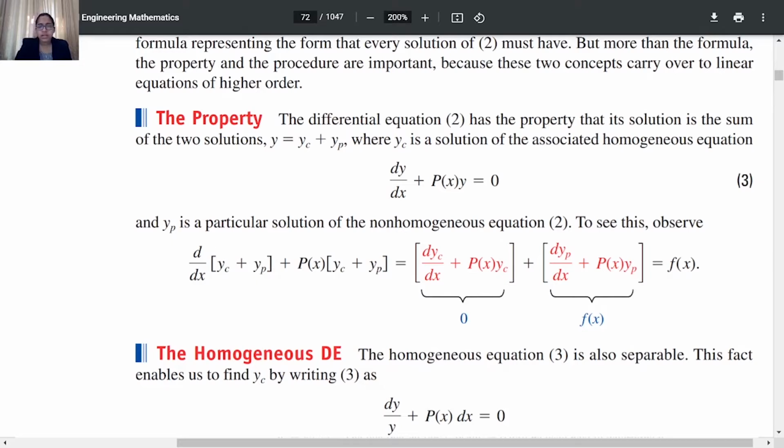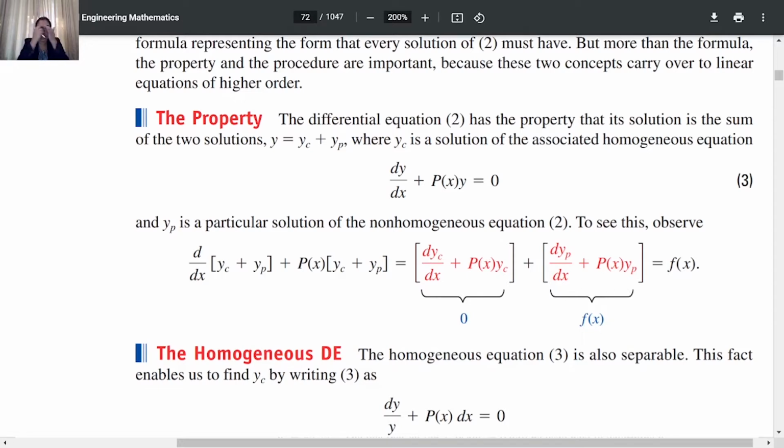Why? Because if we combine the yc terms, actually yc is a solution of this, right? So instead of y, if I put yc, this equation has to be satisfied. So dyc by dx plus p of x yc will actually be 0, and the rest is nothing but f of x.